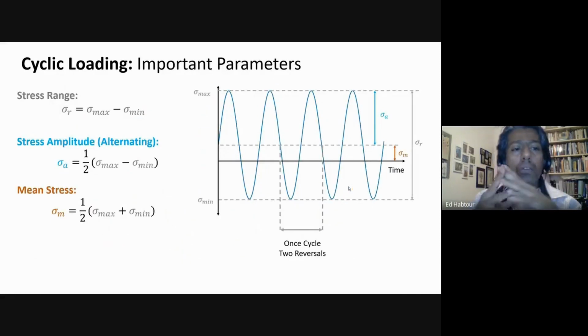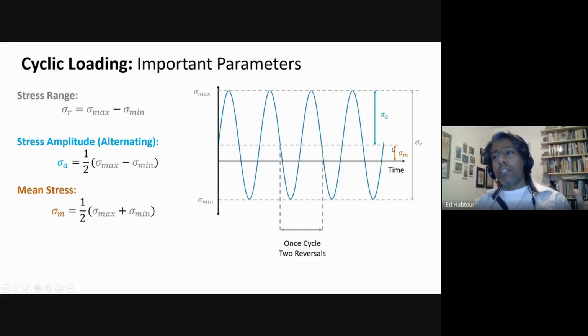Okay. So in terms of the stress range, it's really simple. You got maximum, you got minimum. It's just the difference between the two. In terms of the amplitude, if you want to calculate the amplitude and your mean is not zero, it's not really just half the maximum and the minimum.